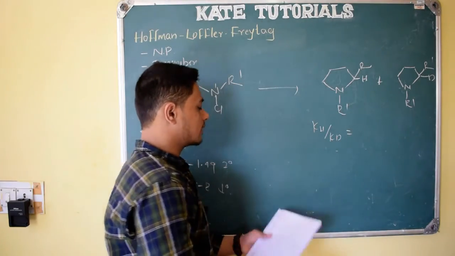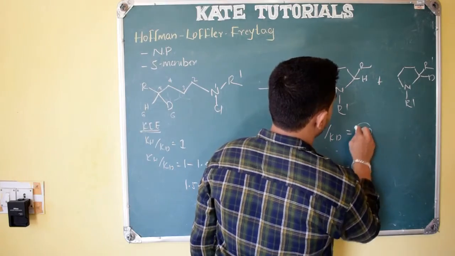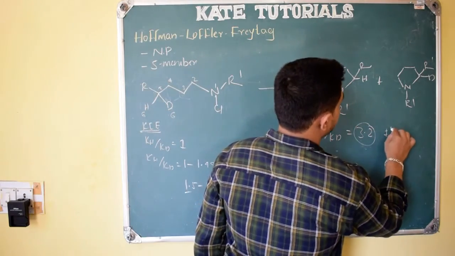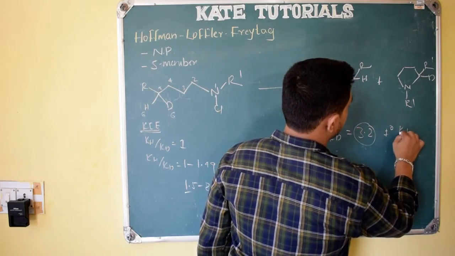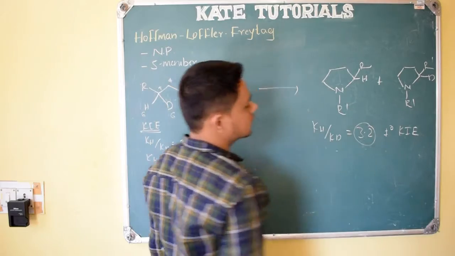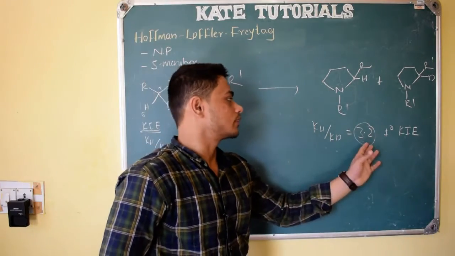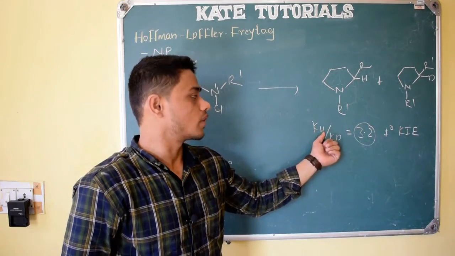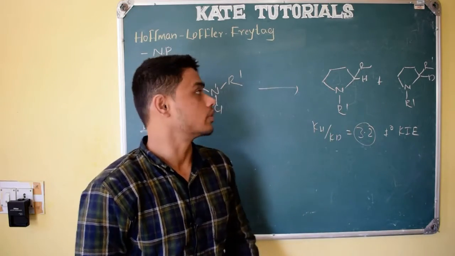It is around 3.2. So 3.2 means it lies from 1.5 to 8. So it is primary kinetic isotope effect. Getting it, right? So its kH upon kD is 3.2. The rate of splitting of hydrogen is more compared to deuterium, right?